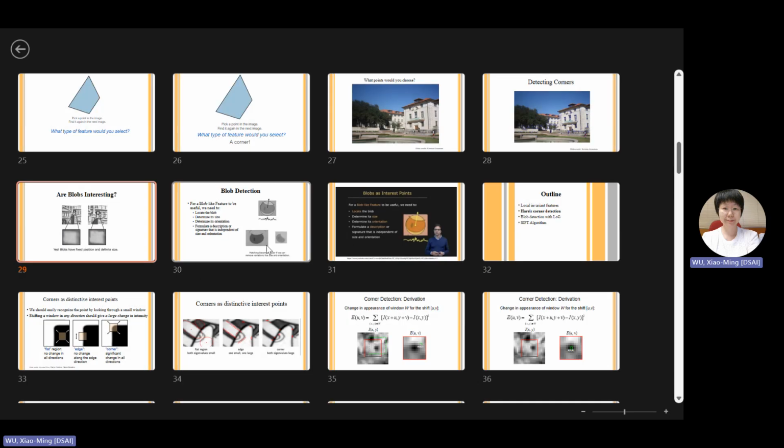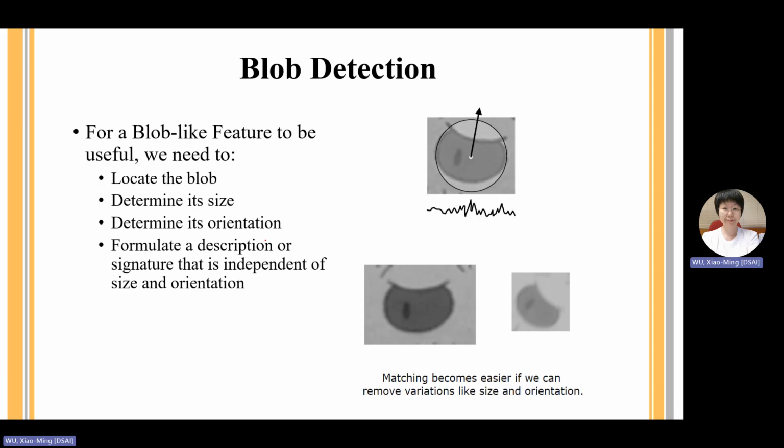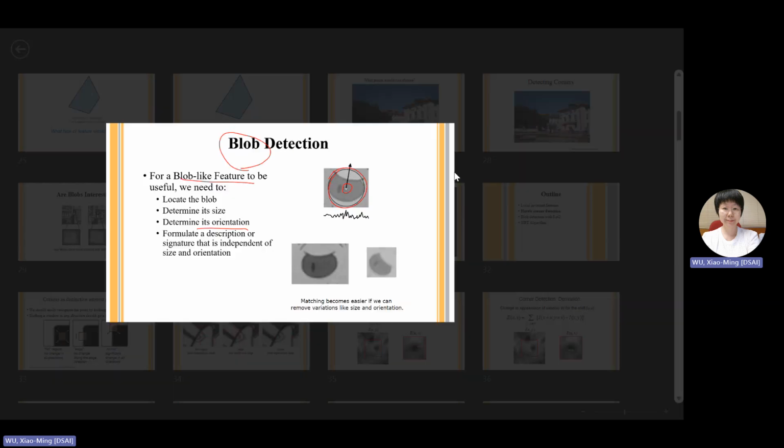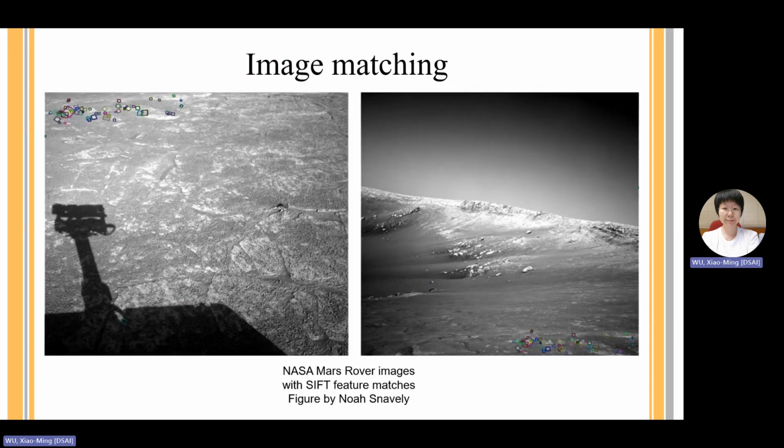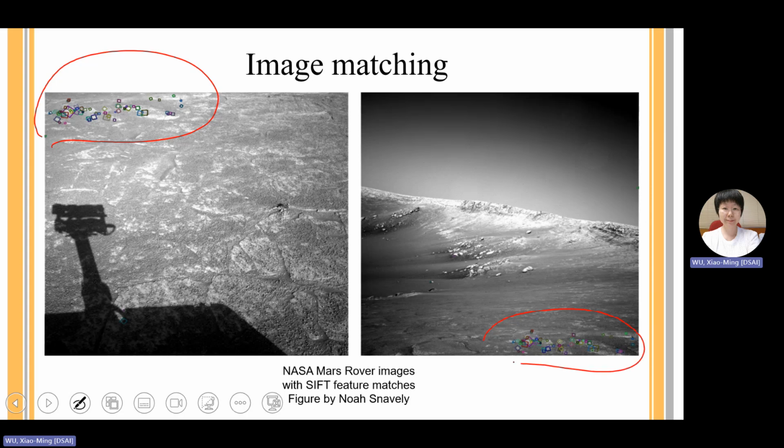Okay, so the interest point here refers to blob-like features, which have a center, a size and an orientation. So back to our previous example, you can see the features identified by the SIFT detector.